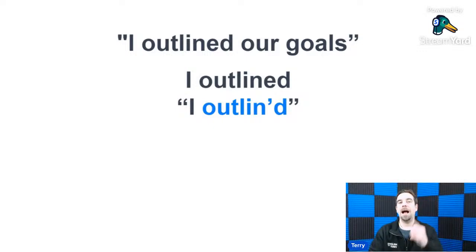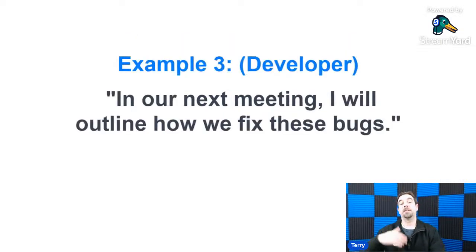So outline is the present and outlined is the past, okay? I know you can see the ED, but really it's like apostrophe D, as in outlined, okay? Outlined.